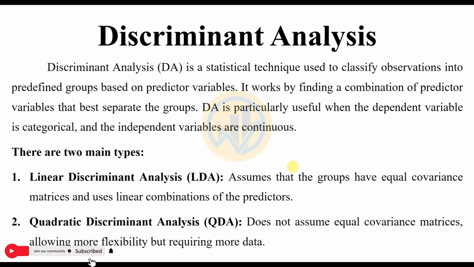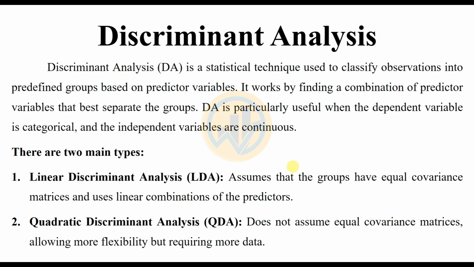Now we are discussing the topic of quadratic discriminant analysis. What is discriminant analysis? Discriminant analysis (DA) is a statistical technique used to classify observations into predefined groups based on predictor variables.